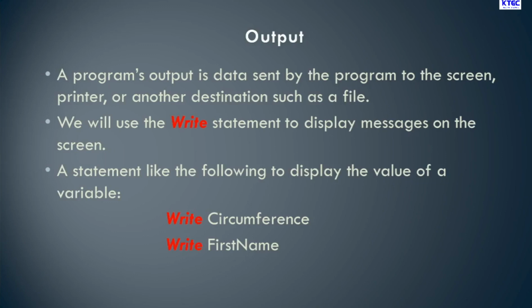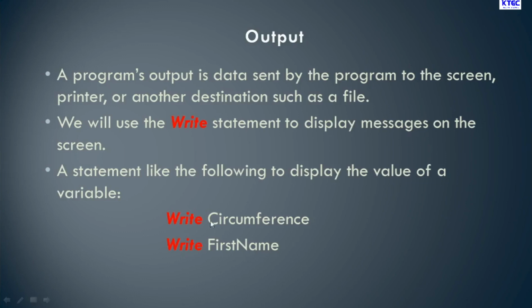Now, a statement like the following displays the value of a variable: write circumference. After finding the circumference of a circle, after taking pi and the radius as input, and processing it by multiplying 2 pi r, you would like to display the results for the user to see. In that case, you use the write keyword.